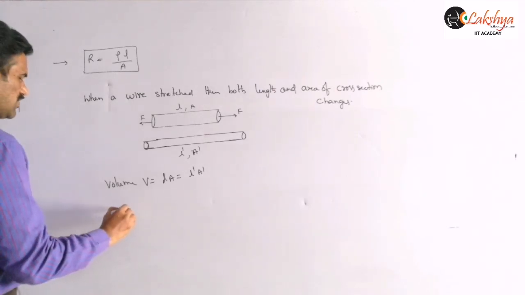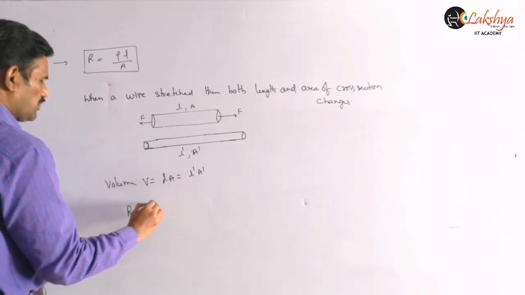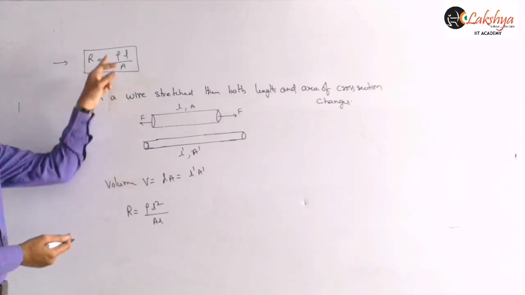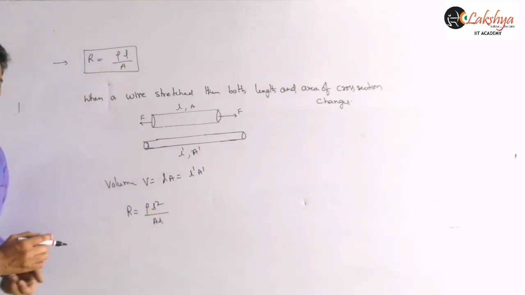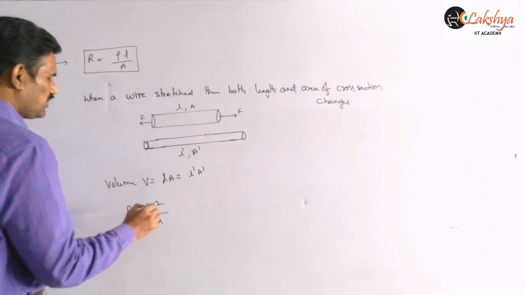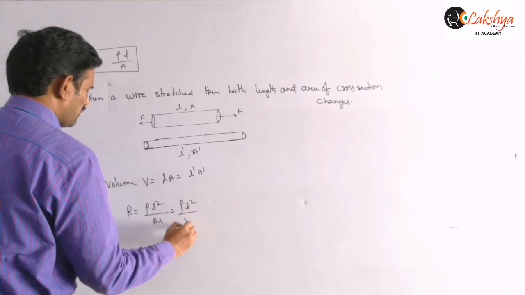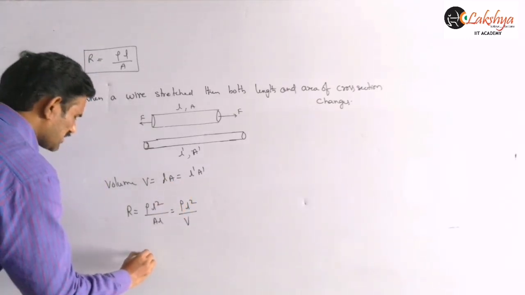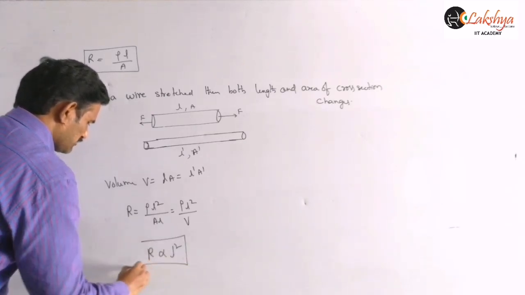Therefore, that equation I can write as R is equal to rho L square by A into L. I am just dividing and multiplying with this L. Now this L into A is nothing but our volume, and that volume will remain constant here. So rho L square by V. That means I can write this as R is proportional to L square.